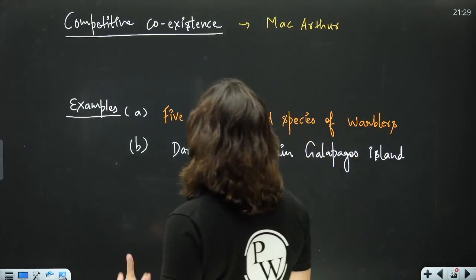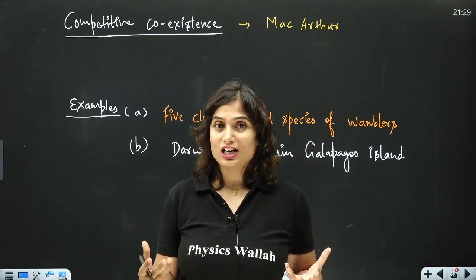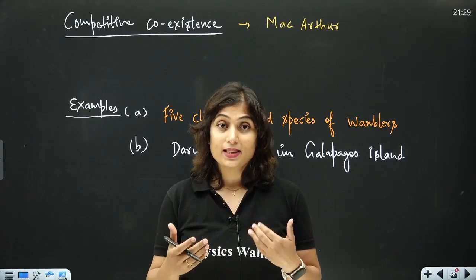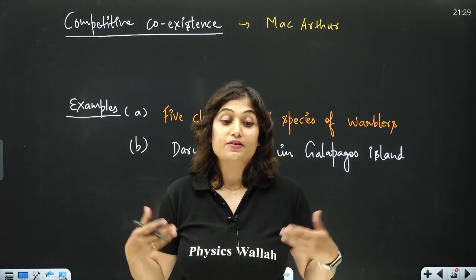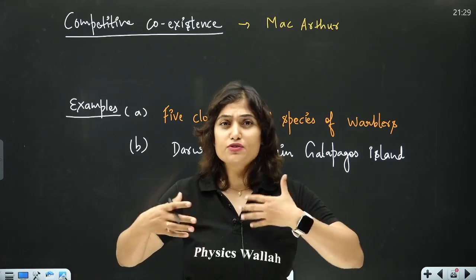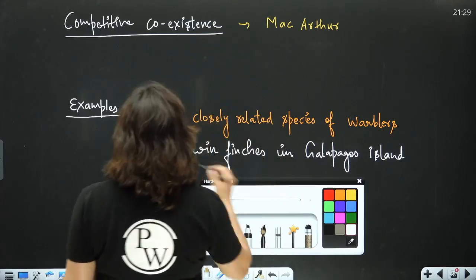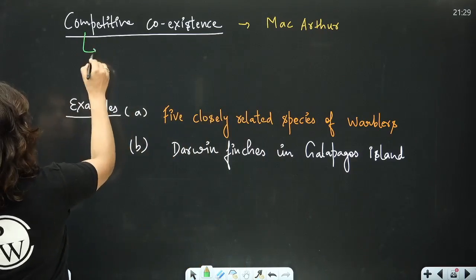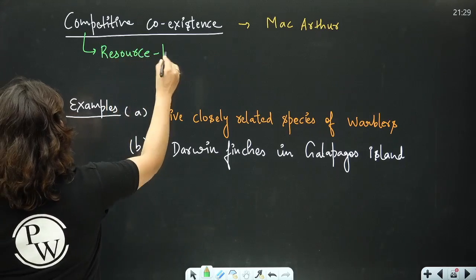Now comes competitive coexistence. It says that if closely related species are present in an area and they are competing, then they divide their resources. They say, let's not fight, let's divide the resources and live together, let's coexist. So coexistence is called resource partitioning.